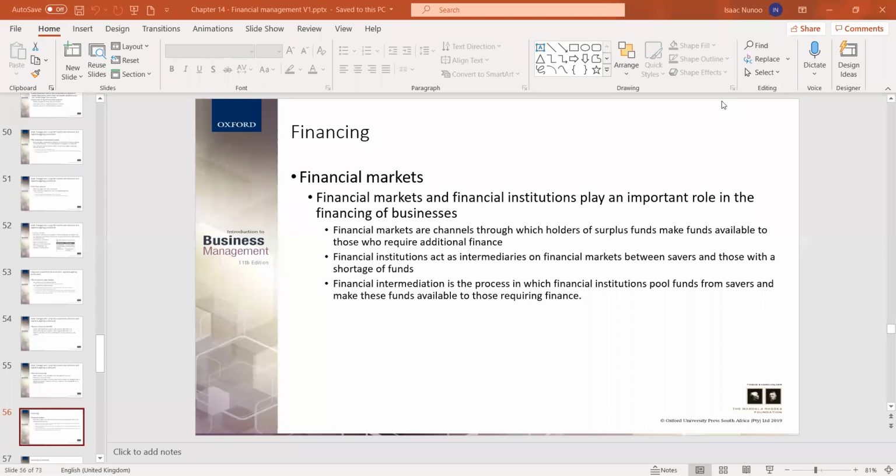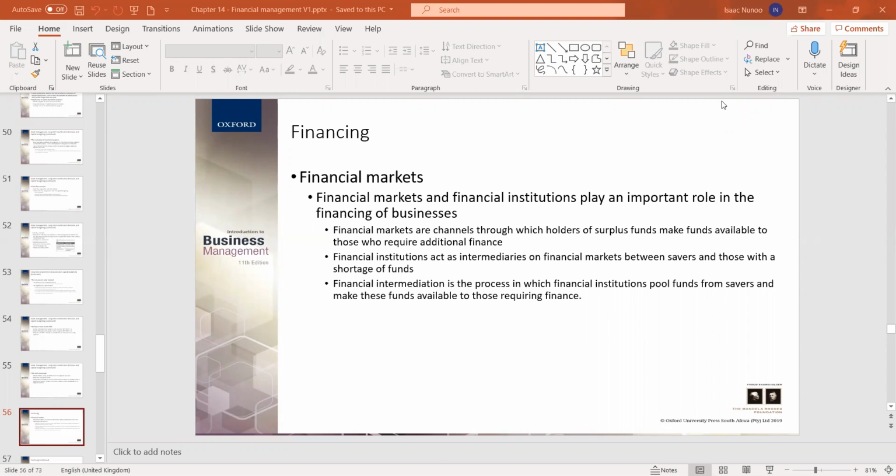Now that we have understood the financial system, we are looking at financing. So now we are looking at the concept of financial markets and financial institutions. Financial markets are basically the channels through which holders of supplies of funds make funds available to those who require additional finance. So a financial market is a market where funds are made available to people who may need them.